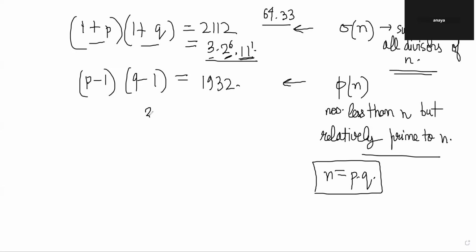So this will be 31 and this would be 62, right? That is too big, I think. 1 second, maybe not. 62 into 31 is 2 into 31 square. 31 square is 961. Oh, it is fitting, right?